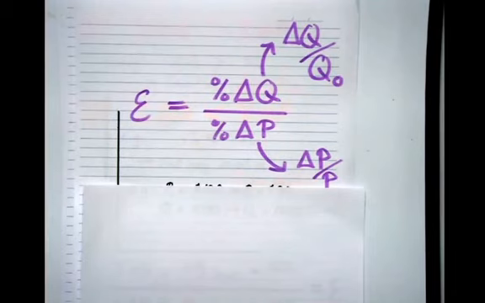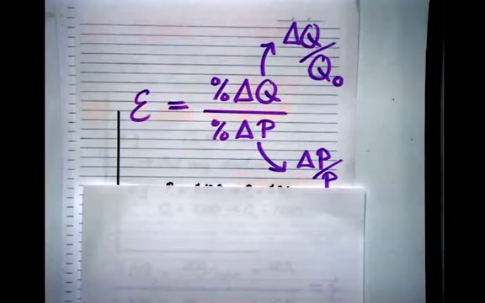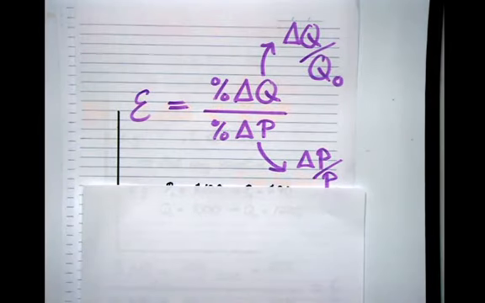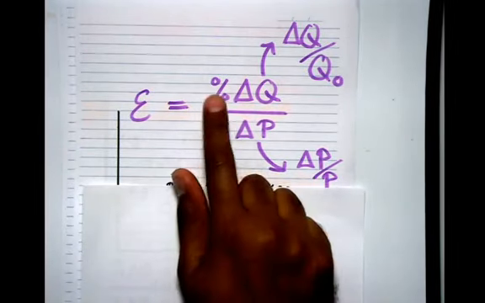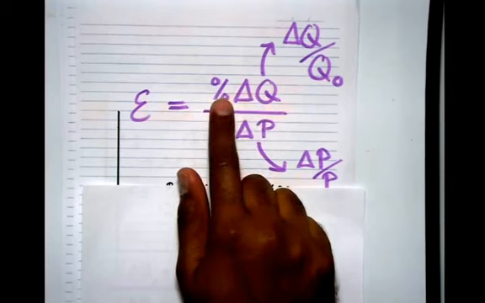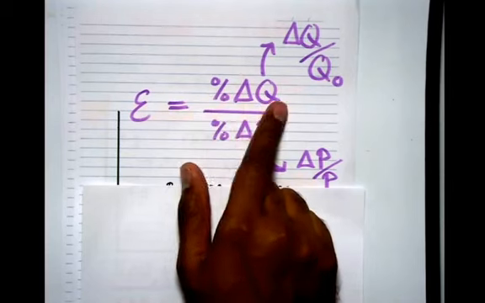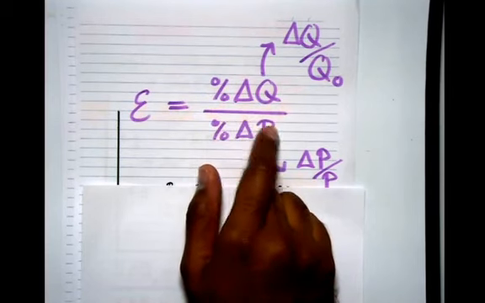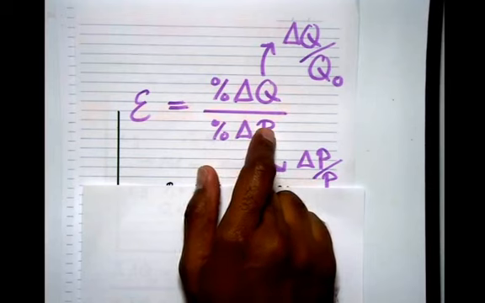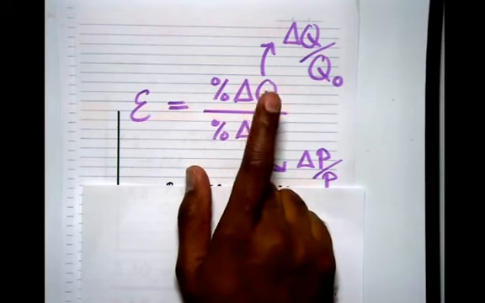Now, if the number on top is bigger than the number on the bottom, the answer has to be more than 1. From school, you can try on your calculator, pick any 2 numbers. If the number on top is larger than the number on the bottom, the answer will be more than 1.